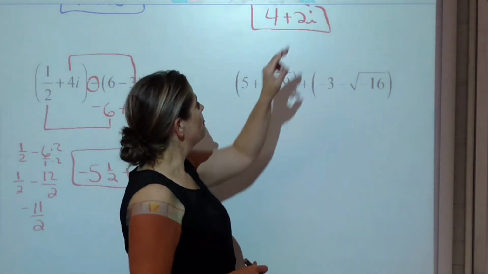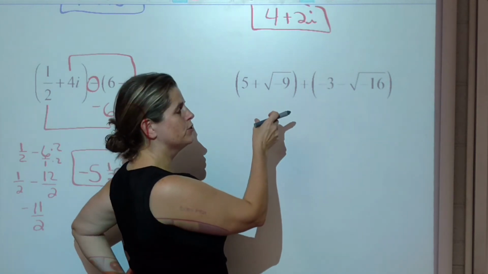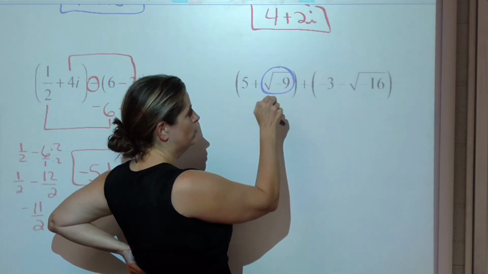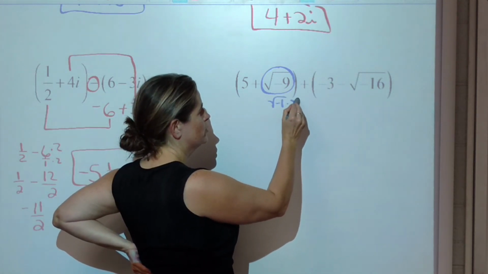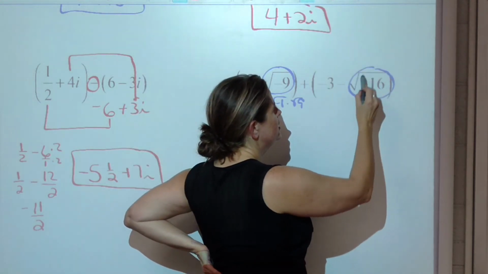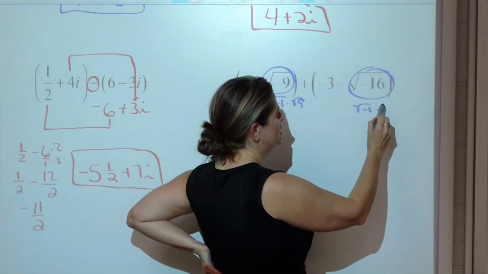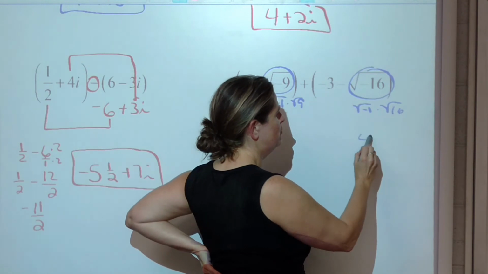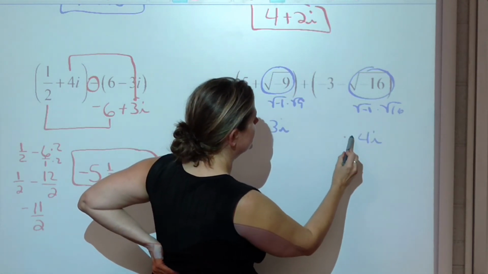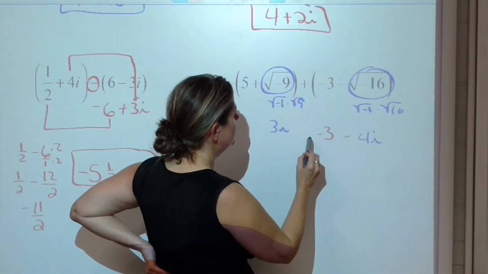Last, this one hasn't been converted to imaginary numbers, so the first thing I want to do is change that to be root negative 1 times root 9, which will give me 3i. And this would be root negative 1 times root 16, which would be 4i. And then this one was negative, that's a negative 3 with it.